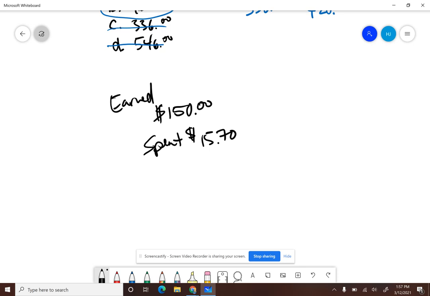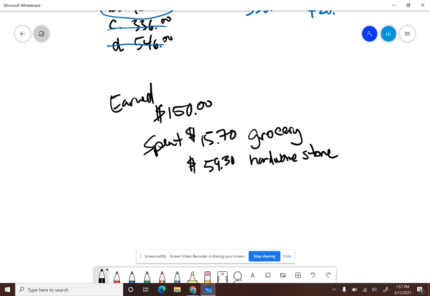He must not have bought much groceries, maybe just some milk and bread. All right, so he spent $15.70 at the grocery, but he spent $59.30, let's say, at the hardware store. Now, that sounds more like me. I'm going to spend more at the hardware store than I'm going to spend at the grocery store. But anyway, so he earned this much and he spent this much.